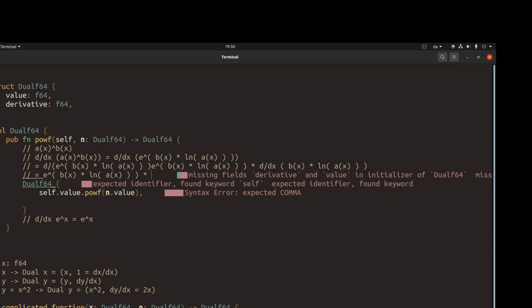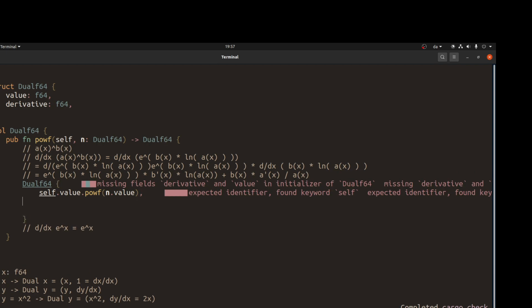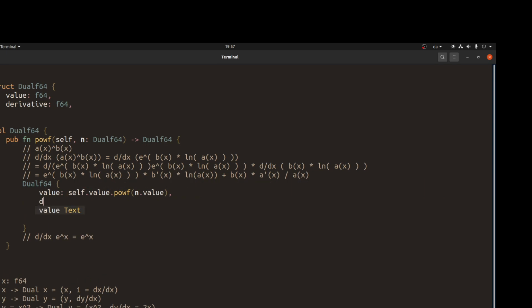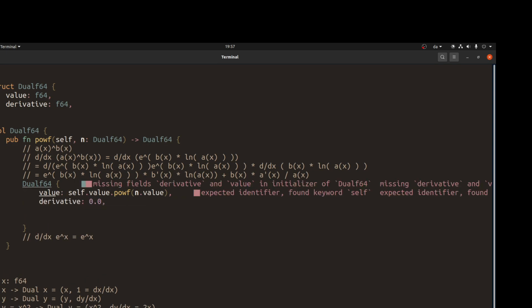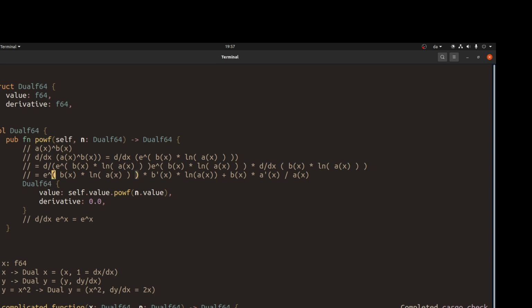The second part is, now we'll just write a tilde for the derivative. It is the derivative of b times just the a thing, and then it is b times the derivative of the logarithm of a, which is what Copilot is saying is this thing. So let me just do value here and then derivative, just to stop the complaints.